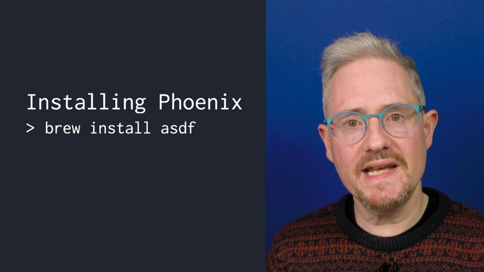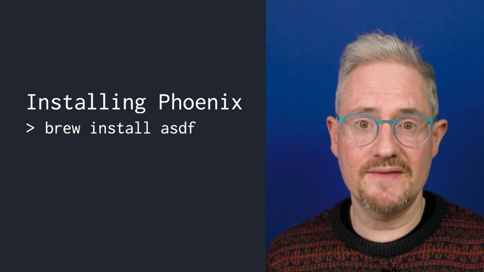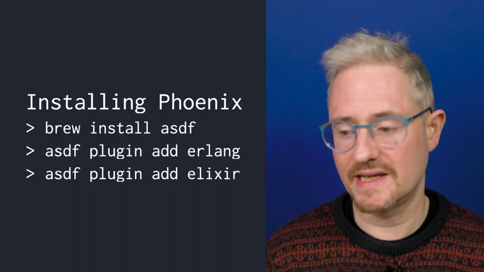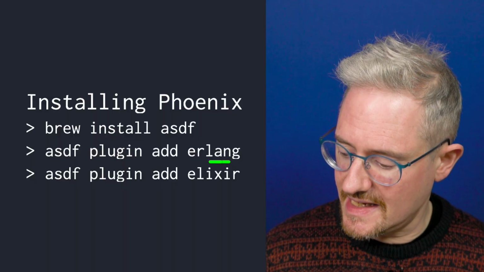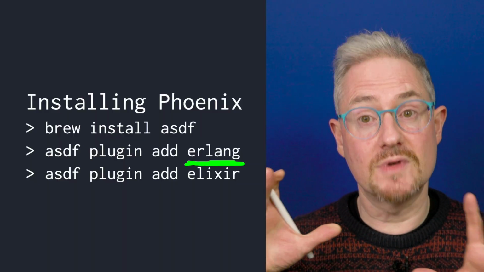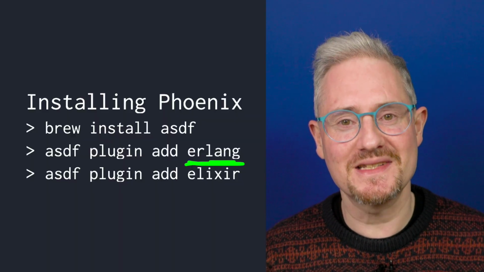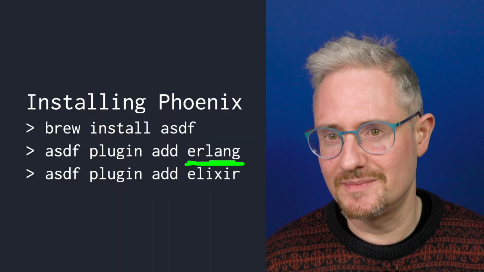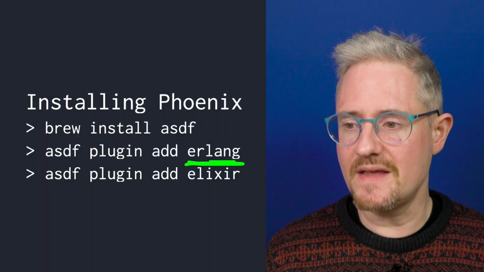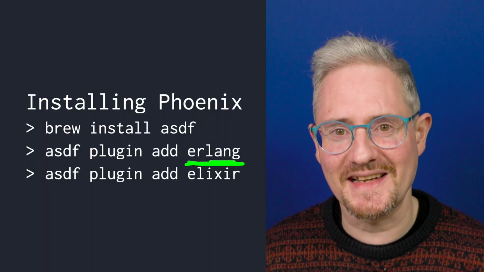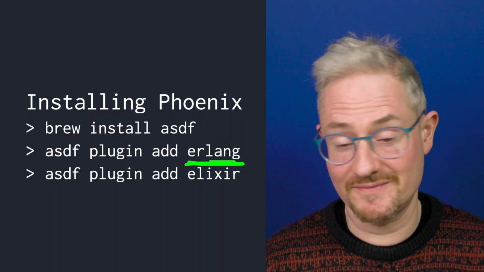So what do we need? We start off by installing ASDF, and then we're going to stick the Erlang plugin and the Elixir plugin. Erlang is the runtime. It's a very cool runtime, and it enables a different approach to developing a website. It's a decades-old systems infrastructure thing that all the mobile networks run on or have run on.